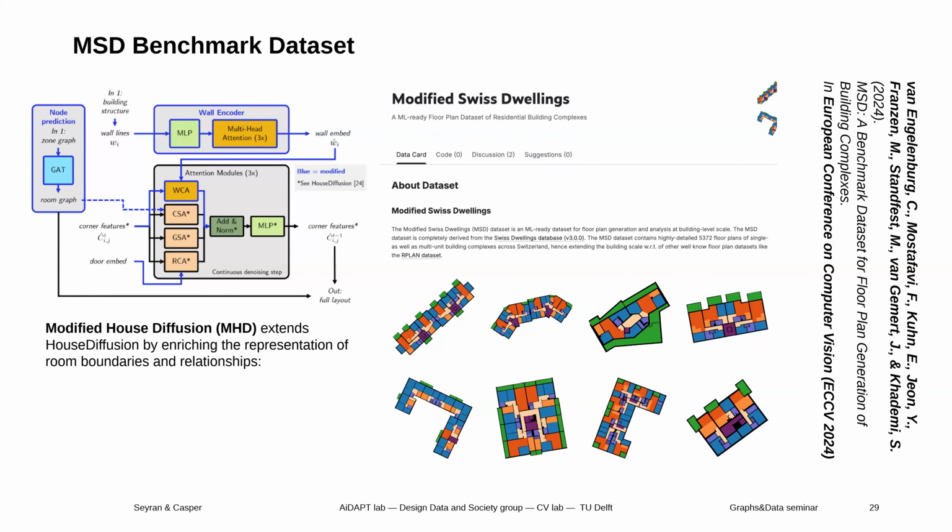One of the winning teams actually used a modified HouseDiffusion, which is also based on a graph representation of the geometry. Not exactly, maybe, but I would say it uses geometry and relations in a way that can be represented in graph format.